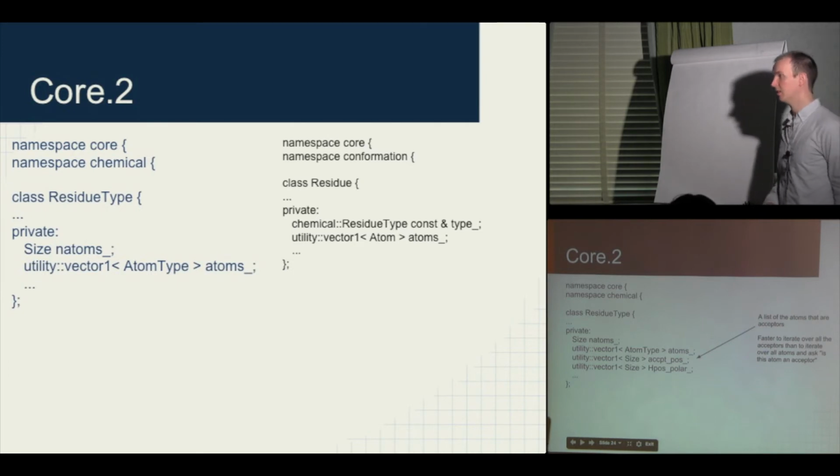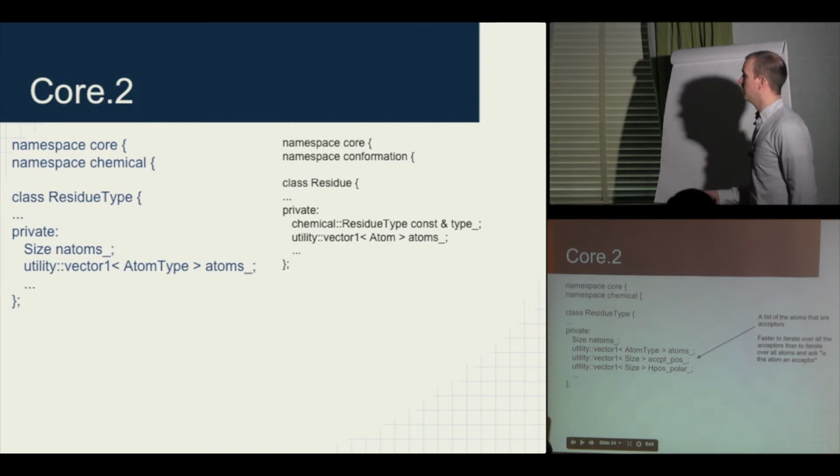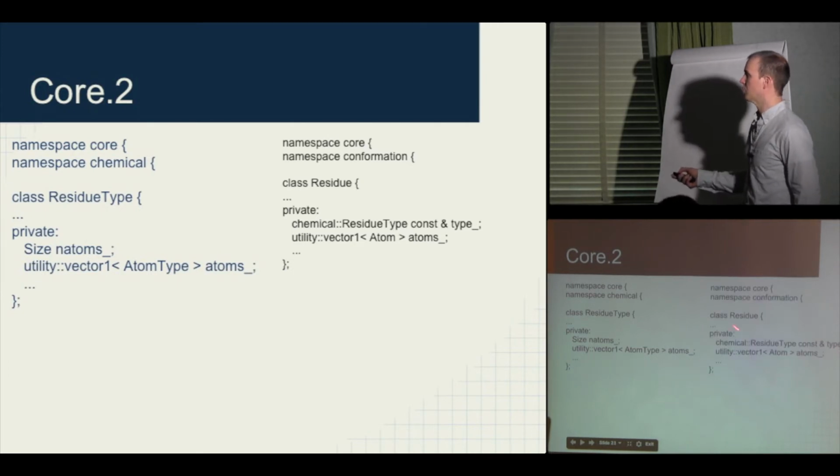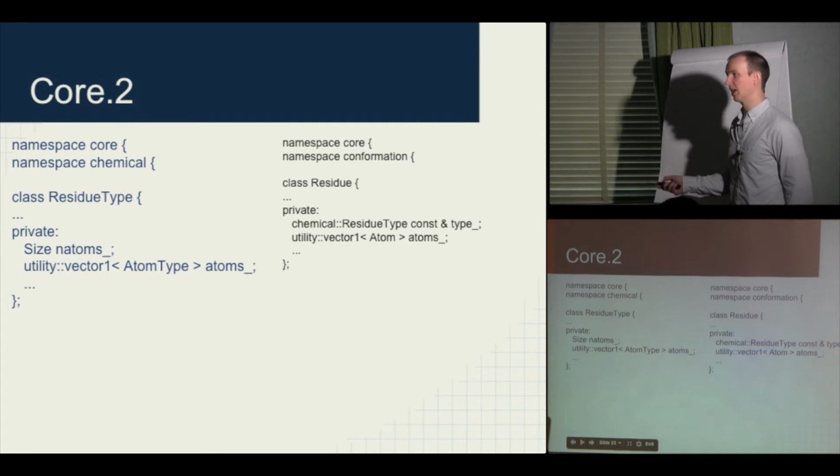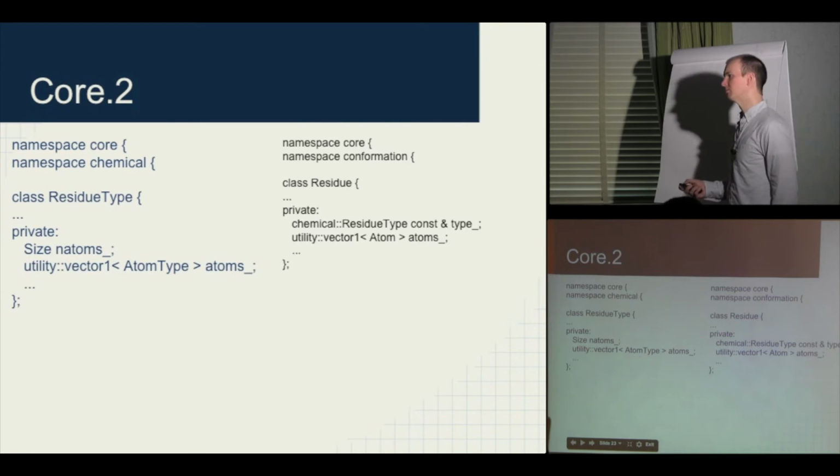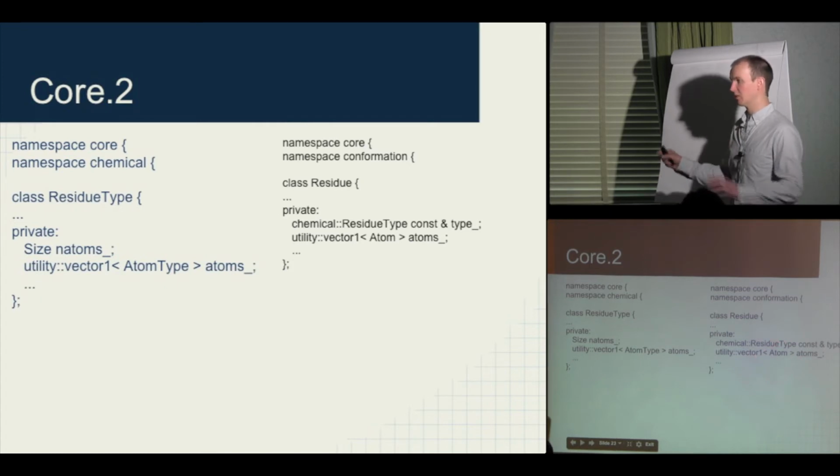Because the residue has to know where to go to get its information. Sorry, is that the question? Yeah, I guess I don't understand the answer. So if you were to say, I've got residue R1, right? So R1 dot atom type, and then I would give it 5.